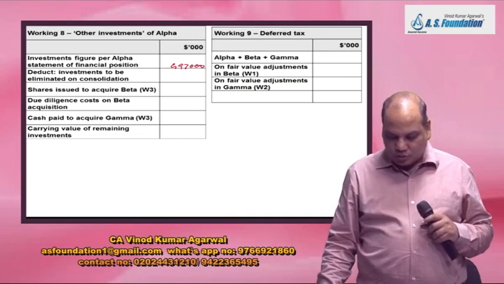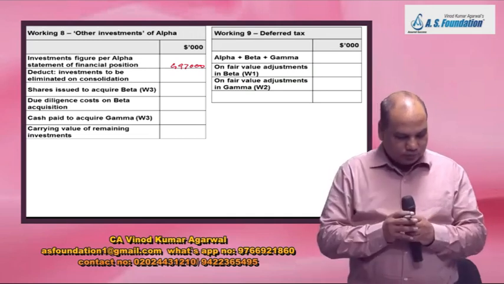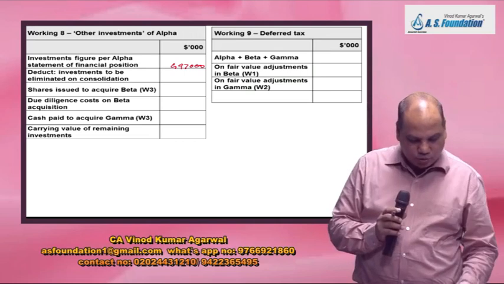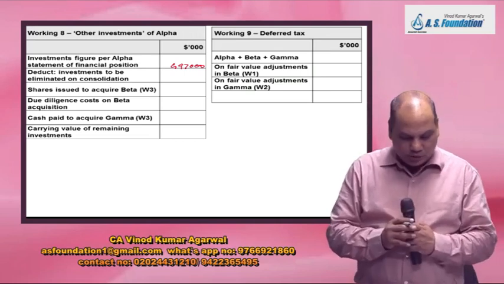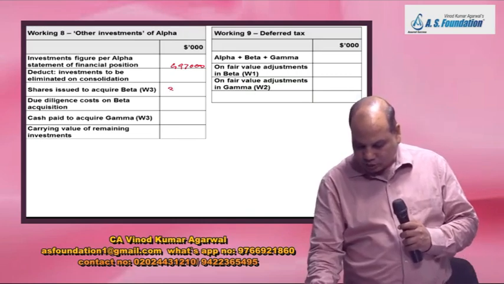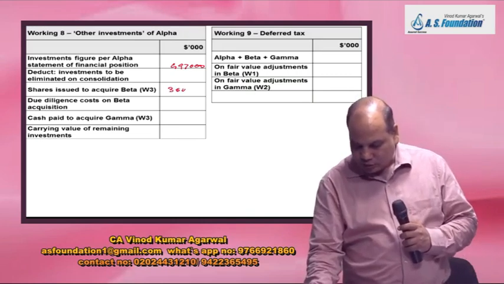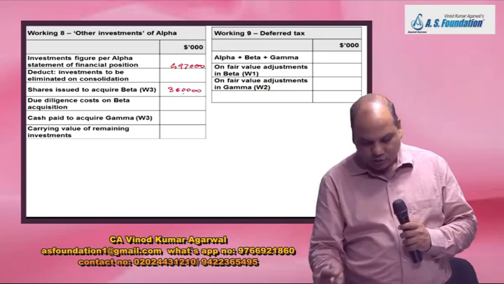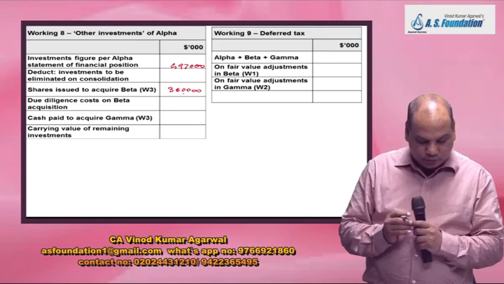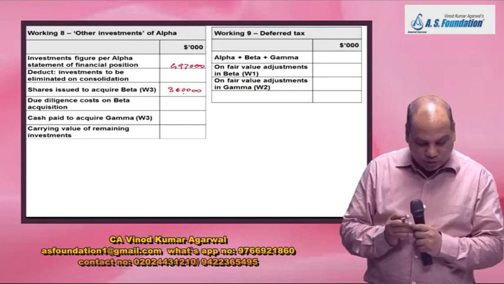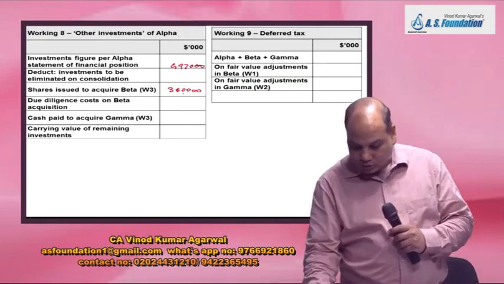Shares issued to acquire Beta. What was the value of shares issued to acquire Beta? 3,60,000. And this also includes the due diligence cost. So that due diligence cost is also to be removed. How much is that due diligence cost? 1,200.